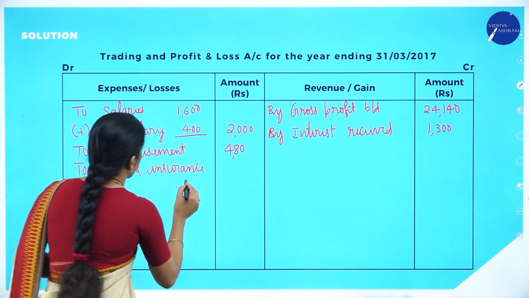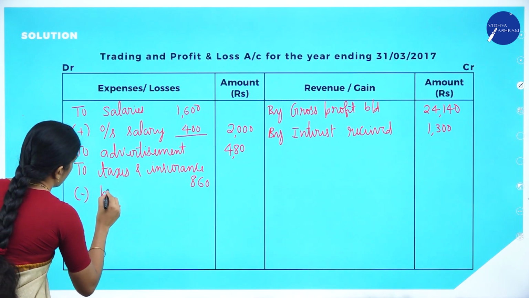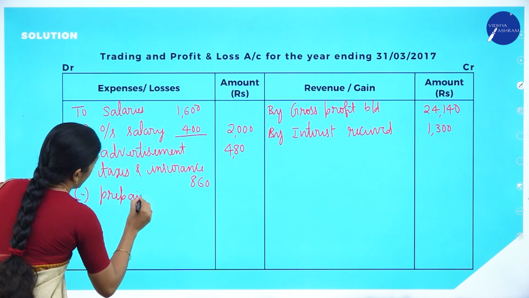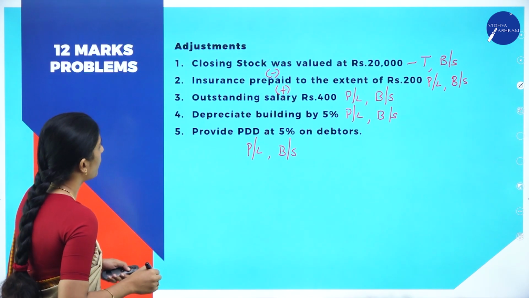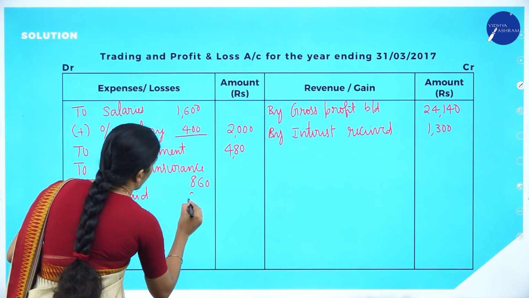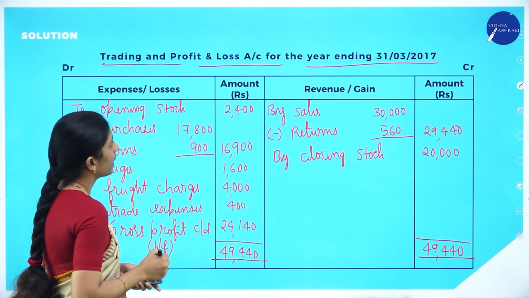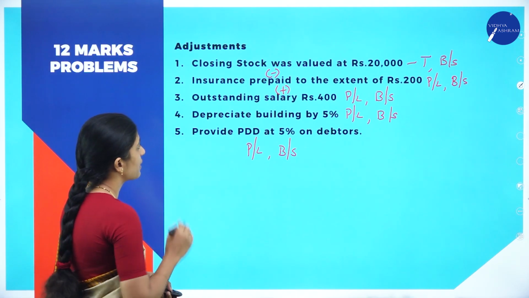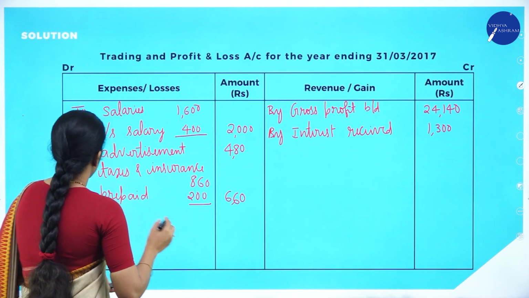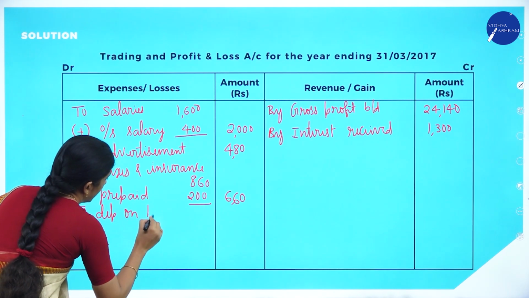So 860 minus prepaid insurance, which is 200, so it will be 660. Next, outstanding salary is done. Depreciate building by 5%, so you have to take the depreciation. So to depreciation on building.